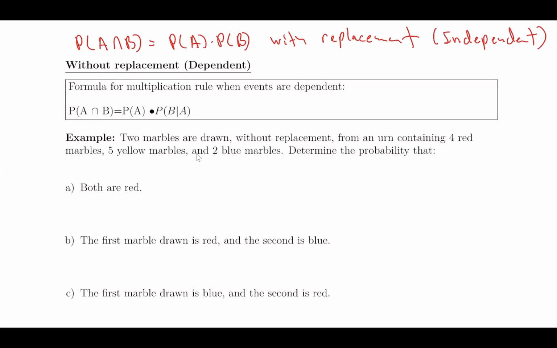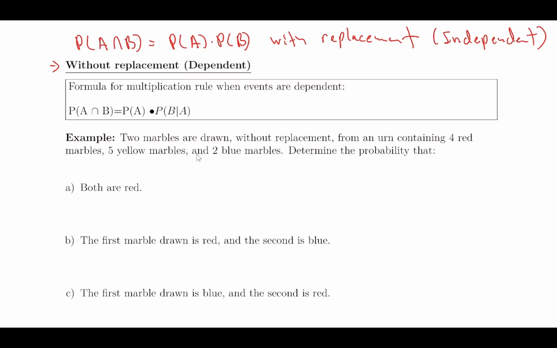But what if one event does influence the probability of the next event occurring? That's what we get to in this portion right here, which is saying without replacement. Without replacement means once I make that selection, I can't make that selection anymore because we're not putting it back into the population.